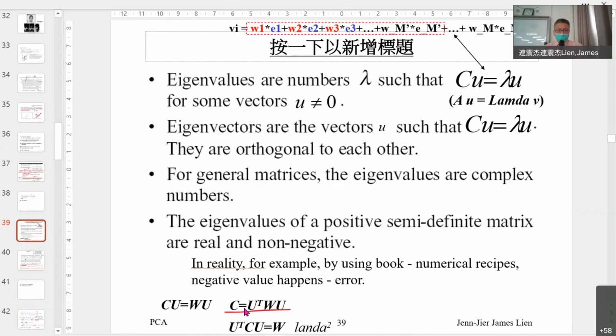Based on the covariance matrix, we use singular value decomposition, U W. Because this is symmetric, V equals U. The original matrix is decomposed into U, and this is the eigenvalue and this is the eigenvector.